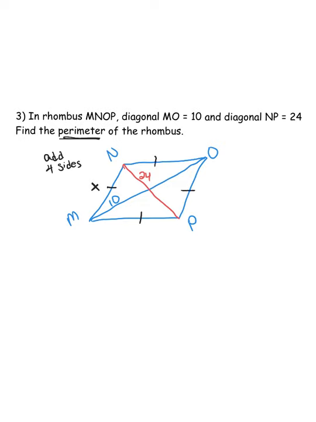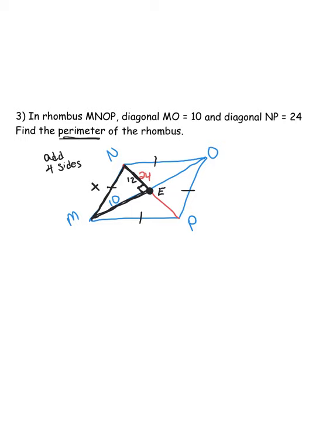Another property of our rhombus is that the diagonals are perpendicular, so I have a little right angle here. If I focus on this shape here, I have a right triangle. Now, if I know N to P is 24, then I can say N, we'll call that E for the middle there, that side is going to be 12 because it bisects each other.